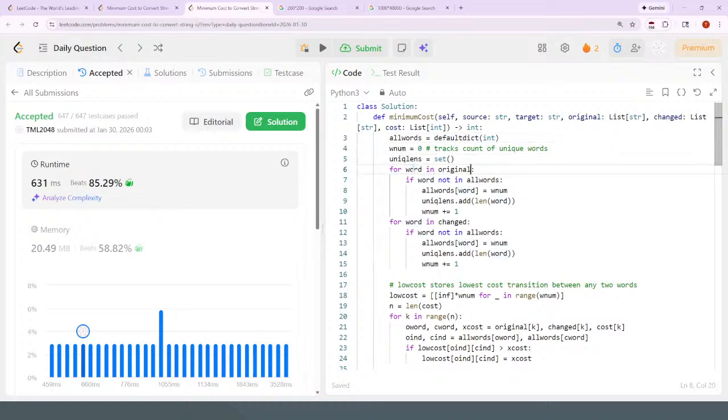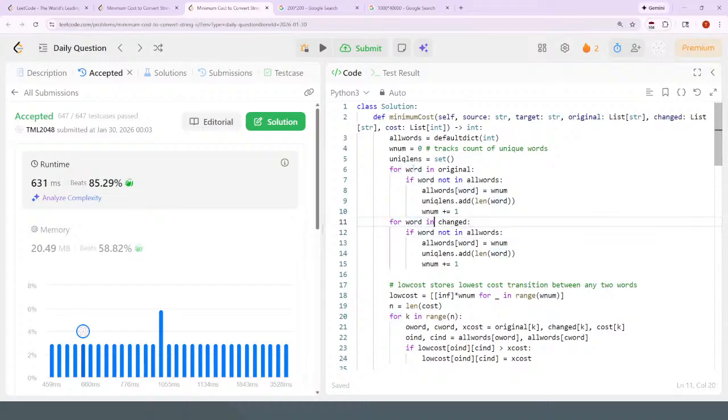And then for every word in the original, I add that to my all words. Store the index here as the word num, increasing the word num, and adding the word length to the set of all lengths of words. So like the set might be 1 and 2 if all the original and change strings are 1 and 2 length strings. Just helps figure out how many words or the length of words I need to consider.